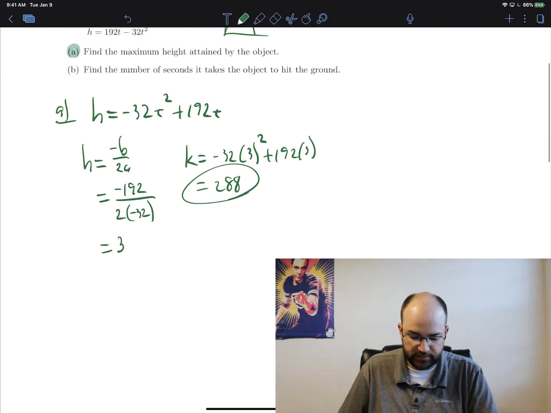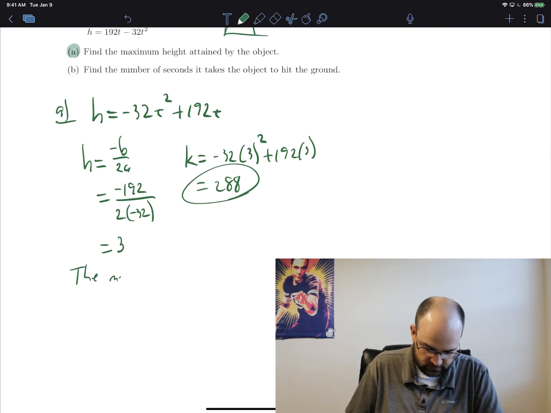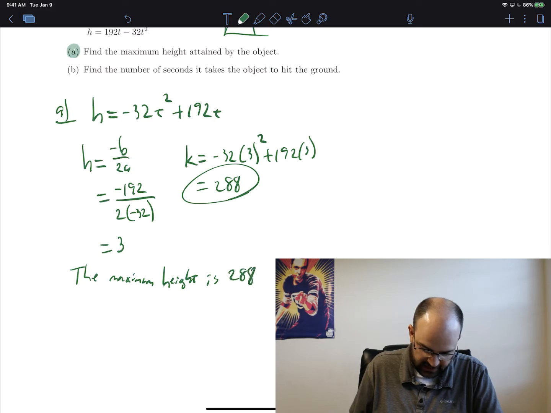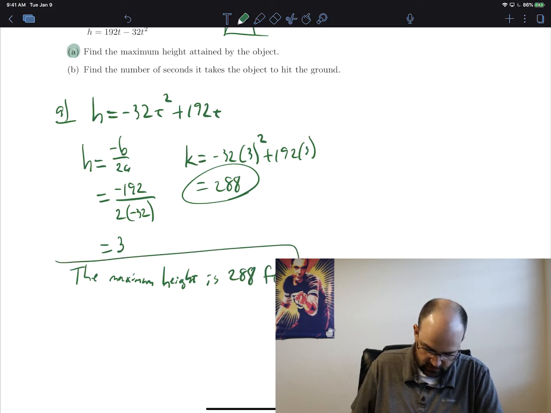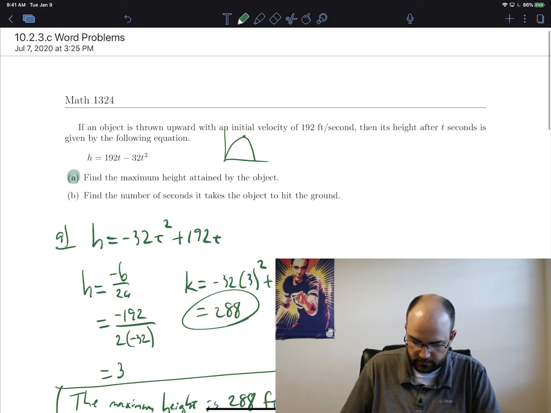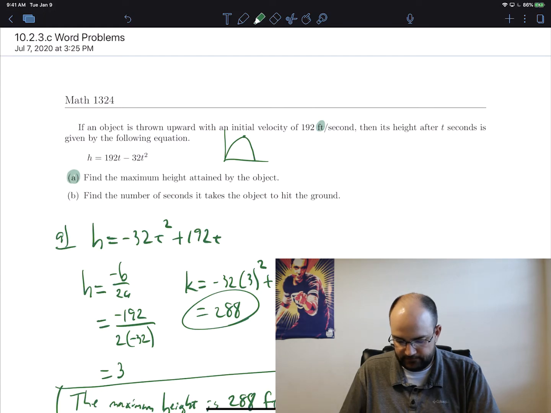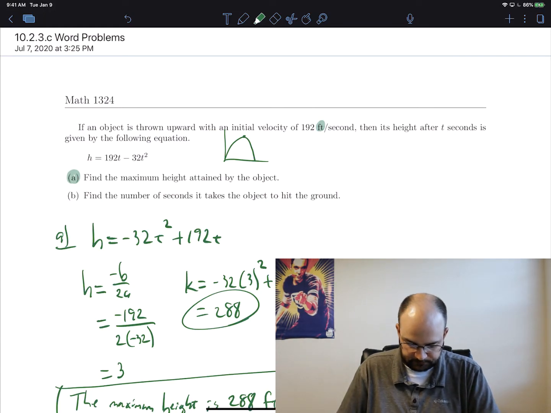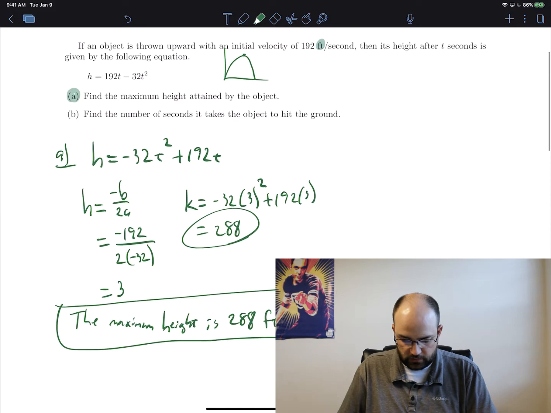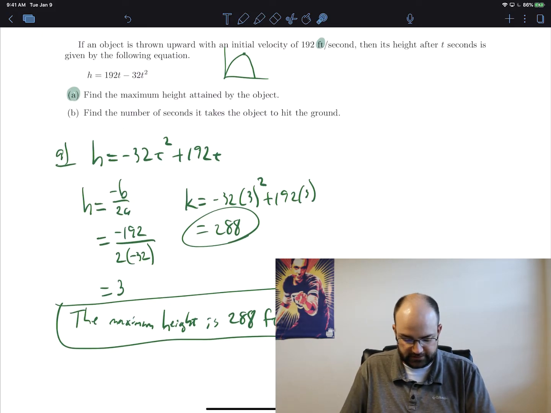So the maximum height is 288 feet. The units do matter, and it's feet because that's the unit of distance there. Time is in seconds. So if you want to know when it occurs, it would have been 3. What it is, 288. Good deal.